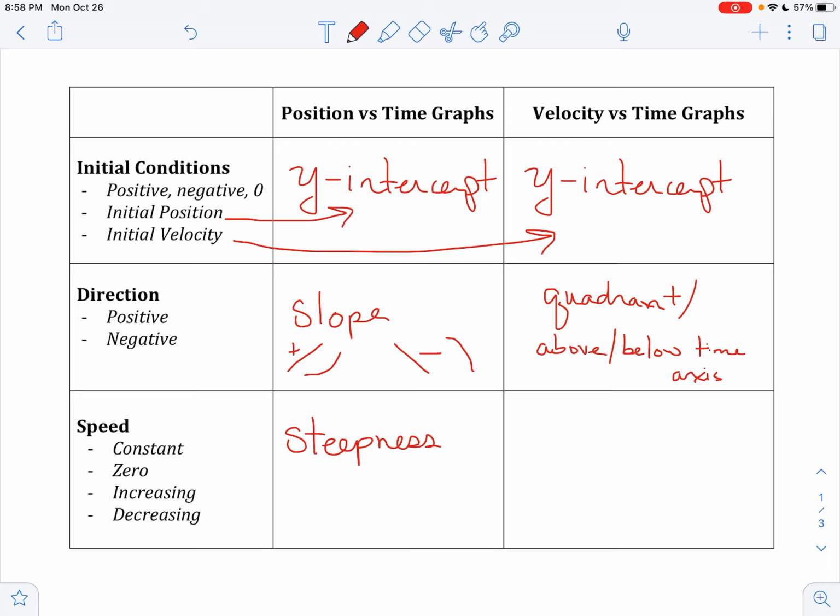Now on a velocity versus time graph, how do we know about the speed? Well, that's if it's going towards or away from the time axis.